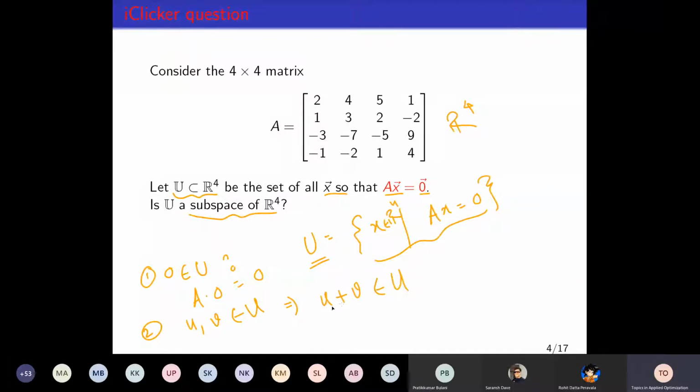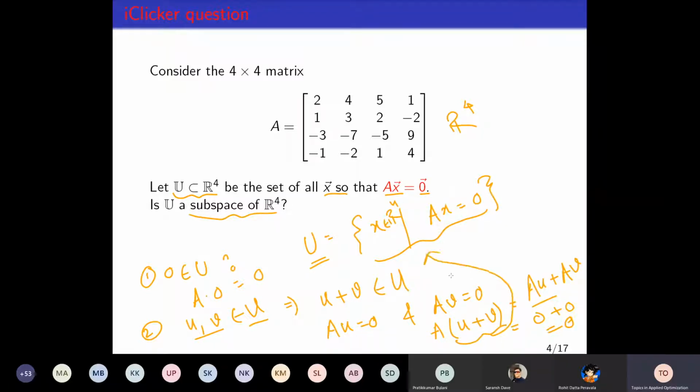If u and v belong to U, then Au is equal to 0 and Av is equal to 0. Then we check that A of u plus v is Au plus Av, by linearity of A, which is 0 plus 0, this is 0. So this implies that u plus v is indeed in U.